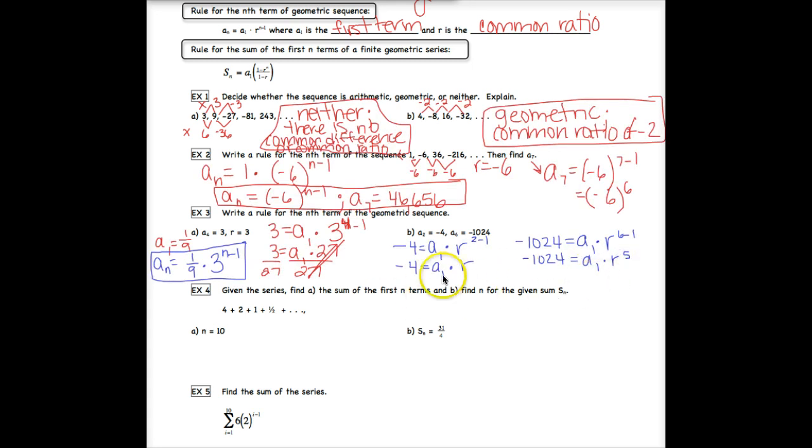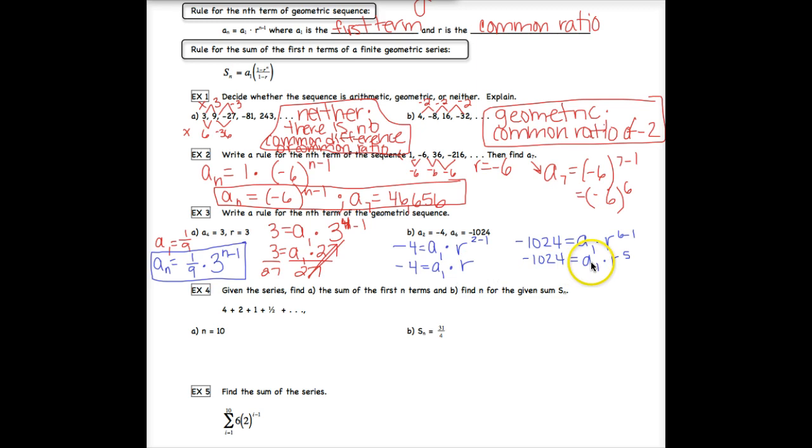Now, the last time we had this where they gave us two different terms of the sequence, we solved it using a system of equations, which is the same thing that we have here. I've got two different variables, two different equations. However, I can't just use an elimination method here because these don't have pluses and minuses between the variables. So the only way that I'm going to be able to solve this is if I use substitution.